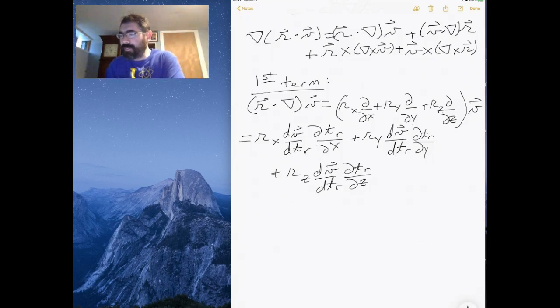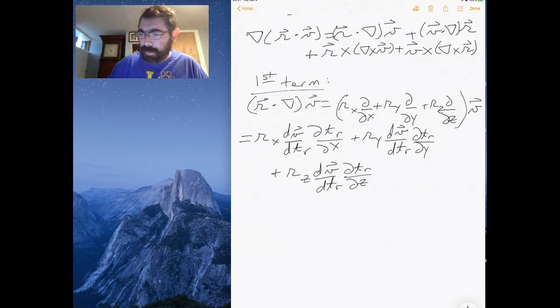Okay, if I look at this, I have a dV/dt_r, so the derivative of the velocity with respect to the retarded time, which in the end is just the acceleration. So I can factor that out of the equation, and then what I get is the R components times the derivative of the time.